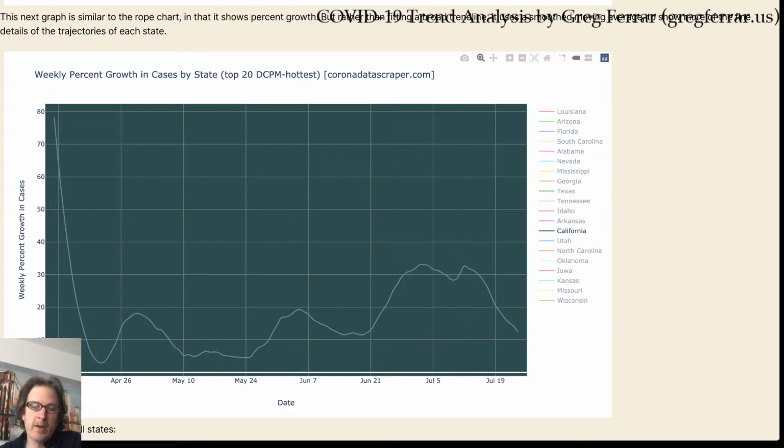But right now California is doing some things to try to lock down more, and I think people are a little bit more afraid, and I think fear is an excellent source of negative growth. So California, I could almost make, like they have in the stock market, the fear index. I could almost make a fear index, which is based on the growth rate. When people get afraid, they do the things that drive the growth down.